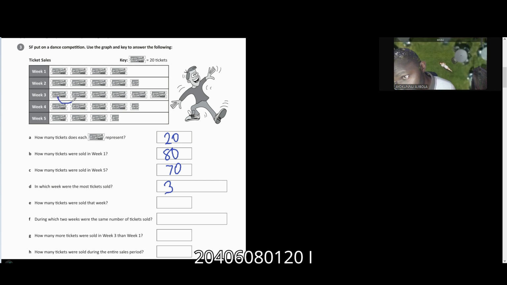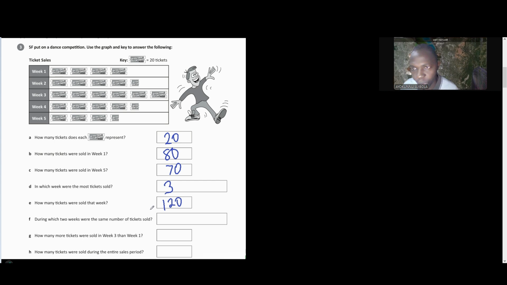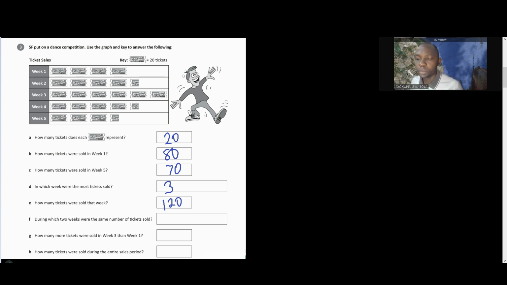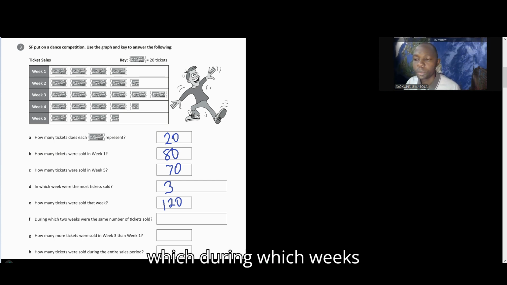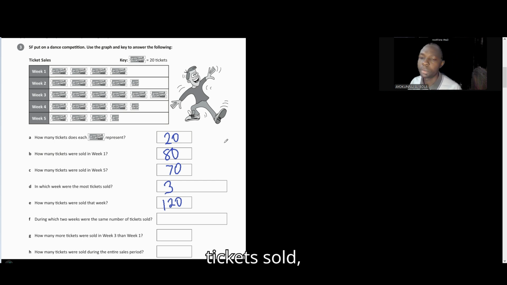Yeah. 20, 40, 60, 80, 100, I mean 120. 120. So during which two weeks were the same number of tickets sold?